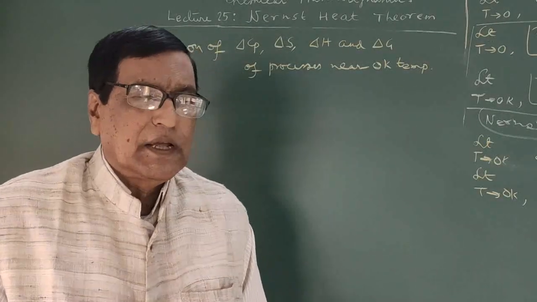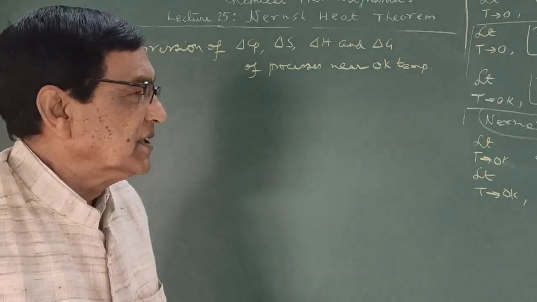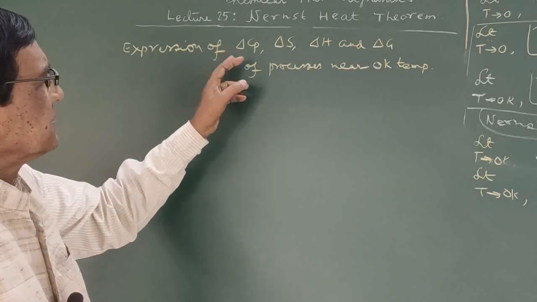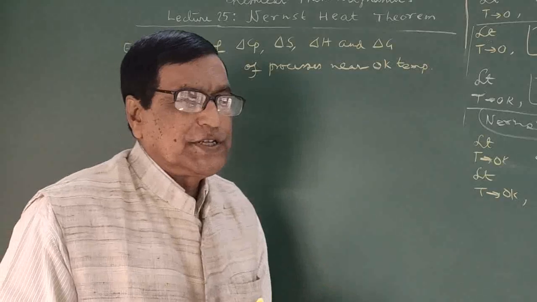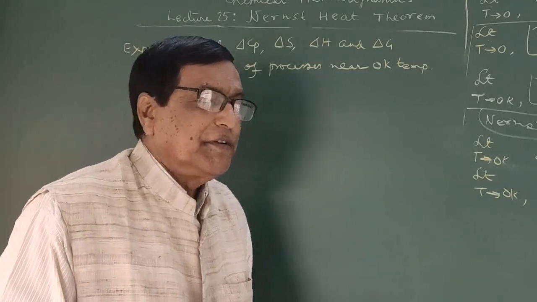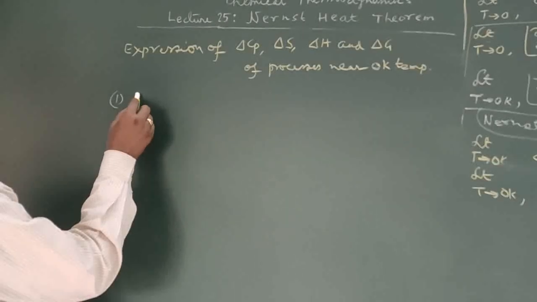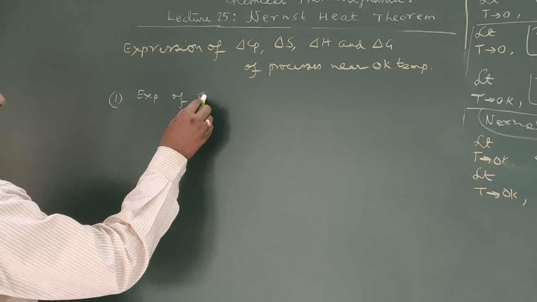Now, it will be very surprising when we calculate or find the expressions of these four thermodynamical properties for a process near 0 Kelvin temperature. First one, expression of del Cp.